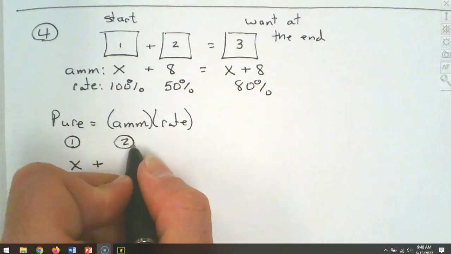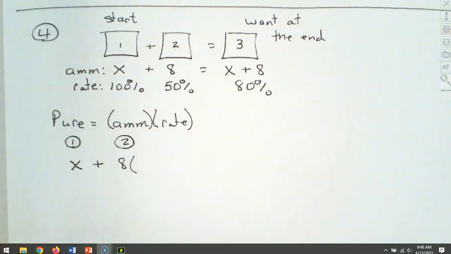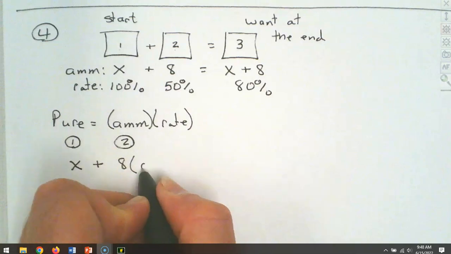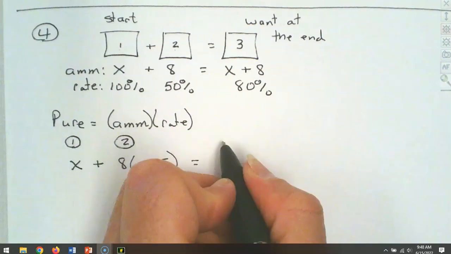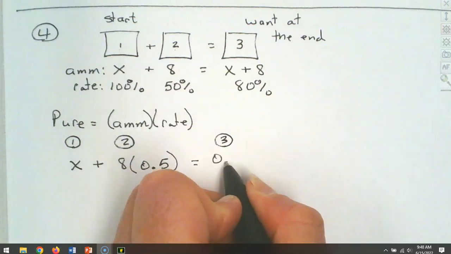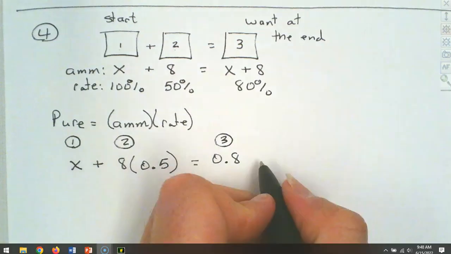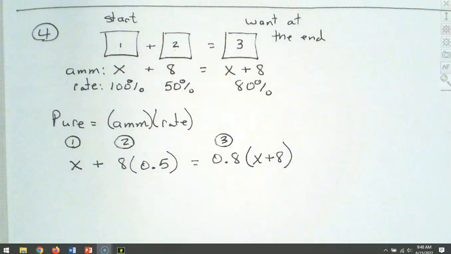The second one, 8 is the amount. 50%, so that's 0.5 as a decimal. And then box number 3 is on the right-hand side, and that's 80%, so that's 0.8, and x plus 8 is in there.